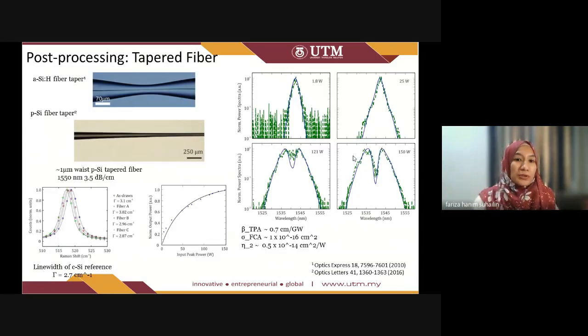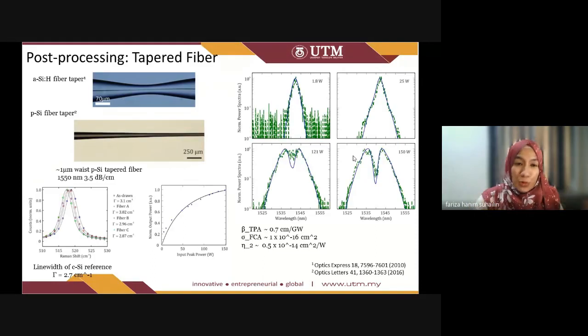But what happens to our polysilicon fibers, those low quality polysilicon fibers that have 10 dB per centimeter loss, 20 dB per centimeter loss? We are not able to see all these nonlinear interactions because of the high loss from the optical fiber. So what should we do?